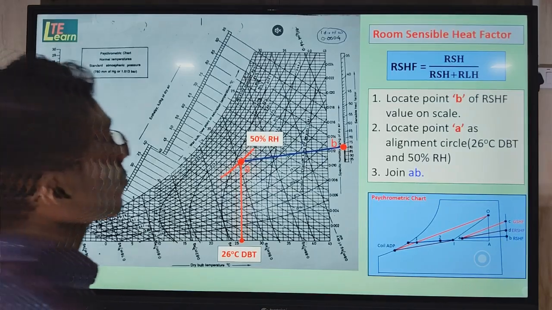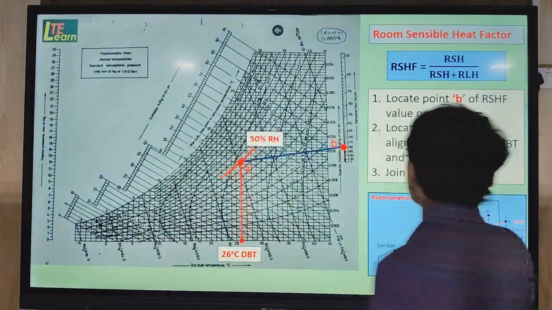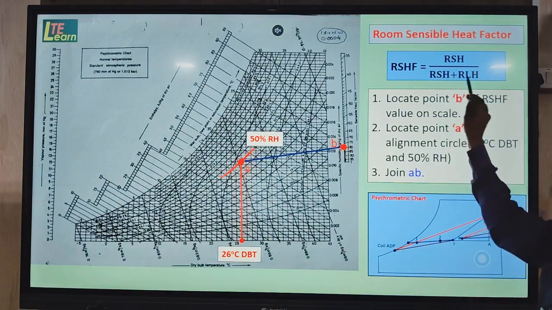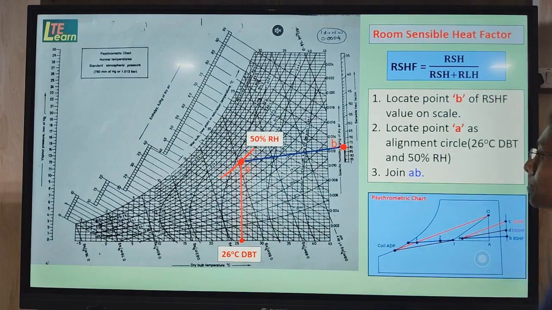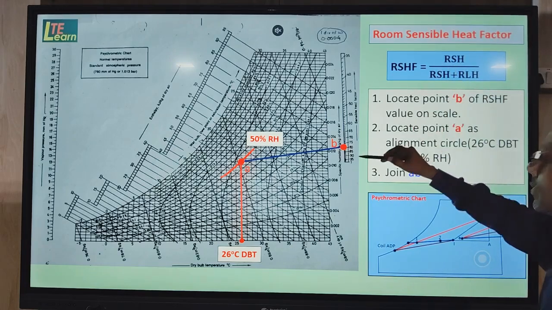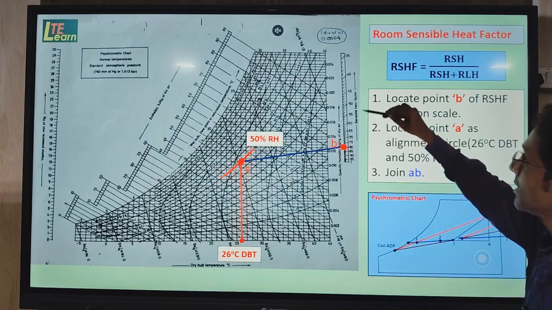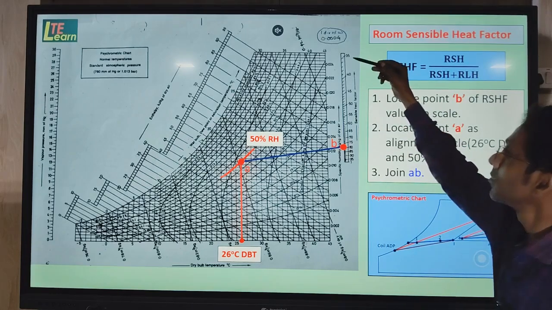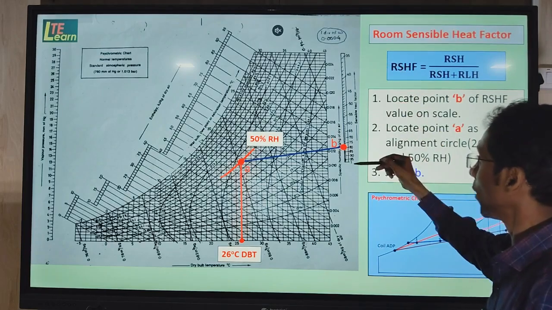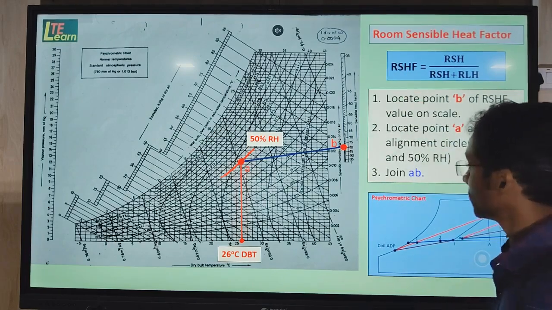Next step is to find the room sensible heat factor. For that we use the formula: room sensible heat factor is equal to room sensible heat divided by room sensible plus room latent heat. By obtaining this factor, here is a scale of sensible heat factor which is ranging from 0.35 to 1 in downward direction.